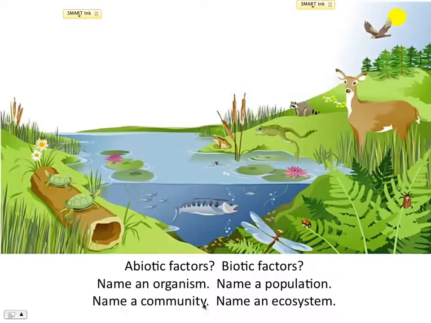Okay. A community, well, the community here is all of these populations of organisms taken together. And then finally, the ecosystem is all the populations, so it's the community, which is the living part of the environment, plus those abiotic factors we mentioned earlier.